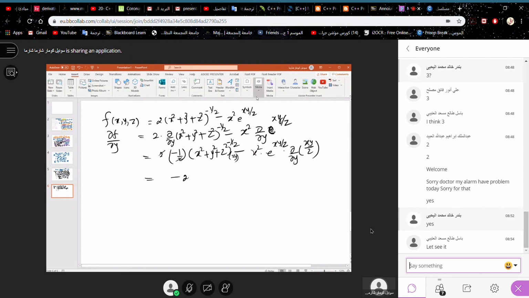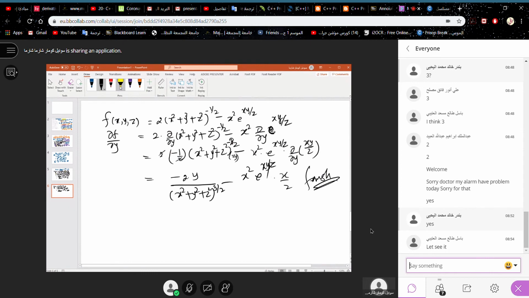So this is y whole power minus 3. 2y upon x square plus y square plus z square whole power 3 by 2, minus x square e to the power xy upon z into x upon z. Finish.